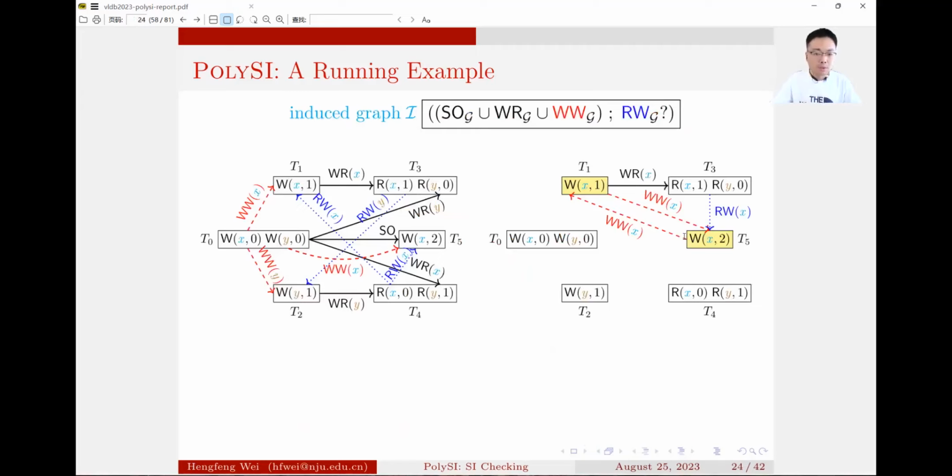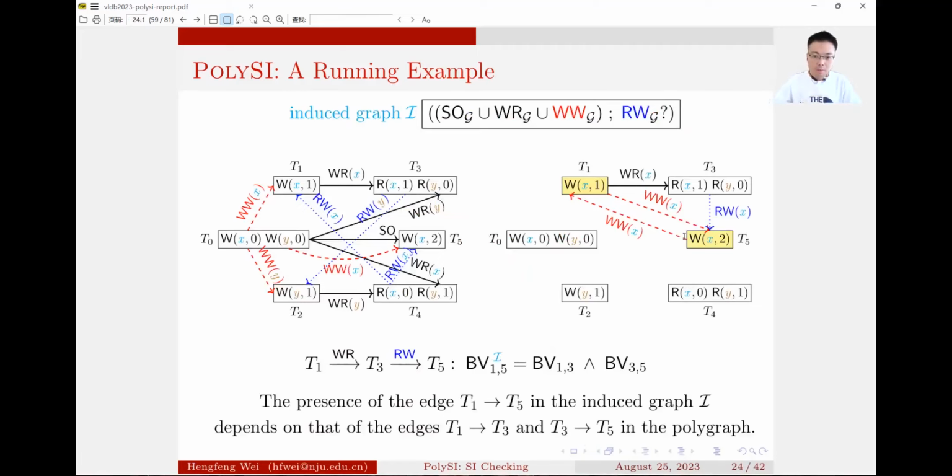Finally, we need to encode the induced graph. For example, in this part, we know that T1 is before T3 in terms of WR, and T3 may be before T5 in terms of RW. Then we know that the presence of the edge T1 to T5 in the induced graph depends on the edge T1 to T3 and the edge T3 to T5 in the polygraph.